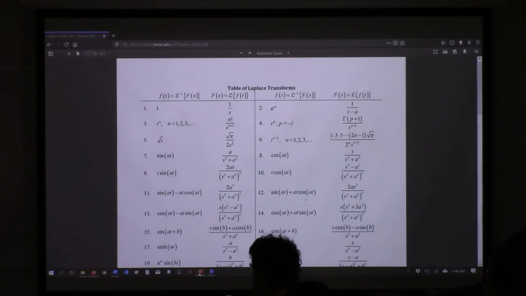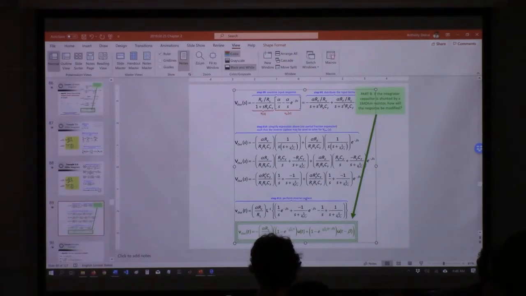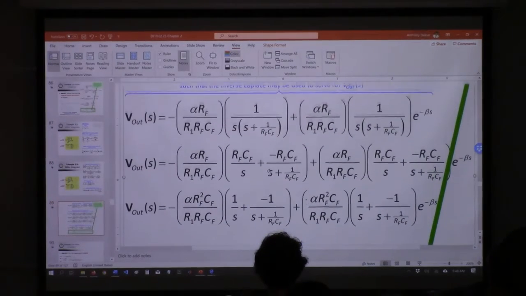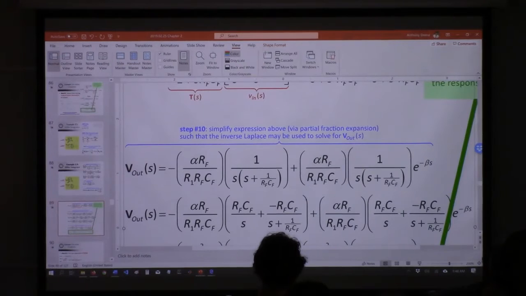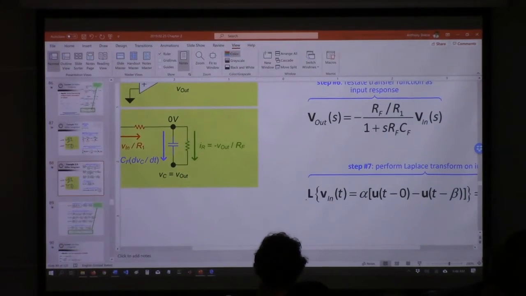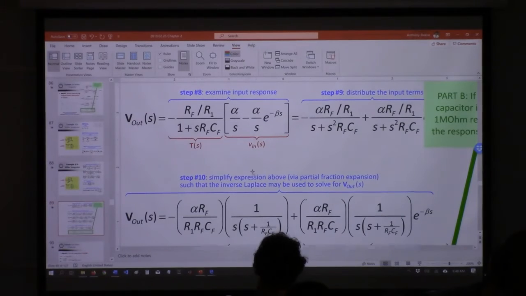Looking at our form the way we have it right now, we're at this top point here. Let me zoom this in. It seems like our best strategy is to try to get this into a form of something over s and potentially something over s minus alpha.